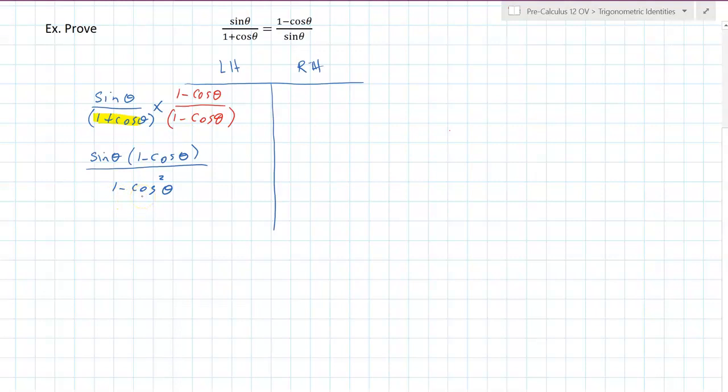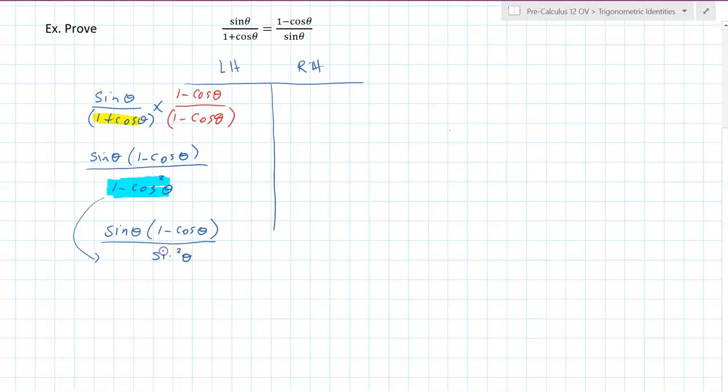But what is 1 minus cos squared theta? Well, that is the Pythagorean identity. So that is actually sine squared theta. So I can rewrite this as sine theta, open the bracket, 1 minus cos theta, close the bracket, divided by sine squared theta.